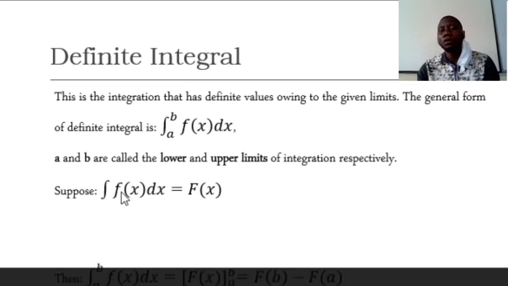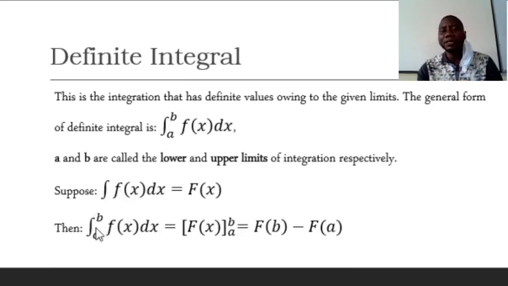Now, if we make it definite, we'll have upper limit b and lower limit a. Let me take it again. If the integral form of this function is this, then the upper limit will be placed up here, and the lower limit will be placed down here.